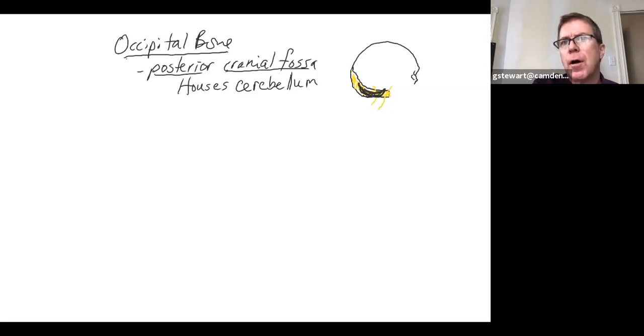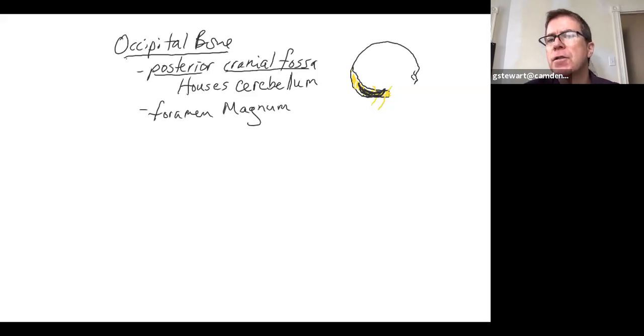There's also a major marking called the foramen magnum. Foramen means hole, magnum means big. The largest foramen, I'll say this word two different ways, foramen and foramen. When I was a student, my instructor said foramen, so that's what's sort of tattooed on my brain, but I believe that technically the correct pronunciation is foramen.